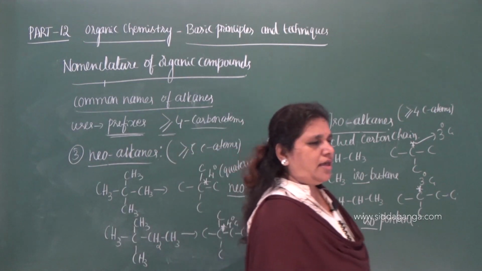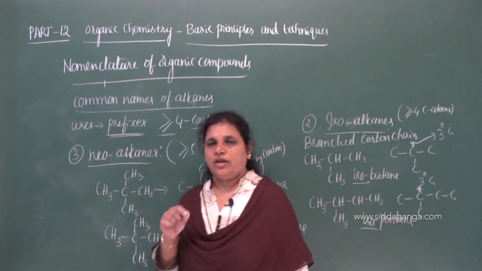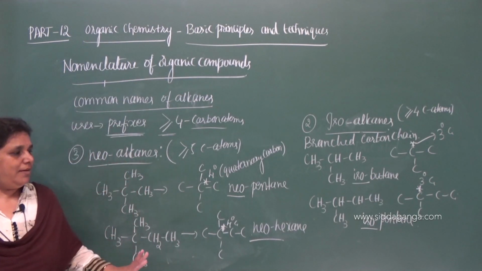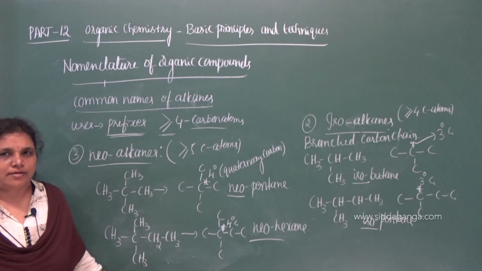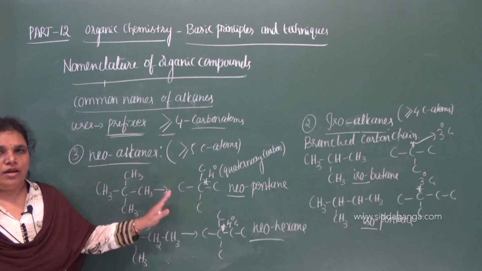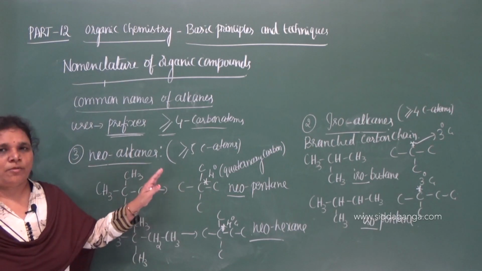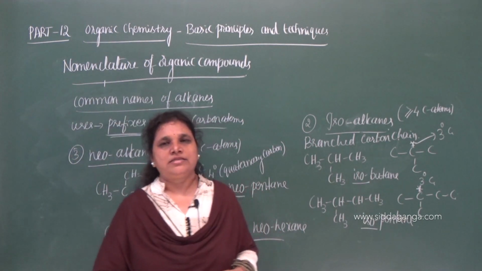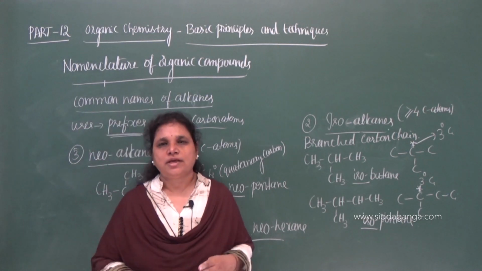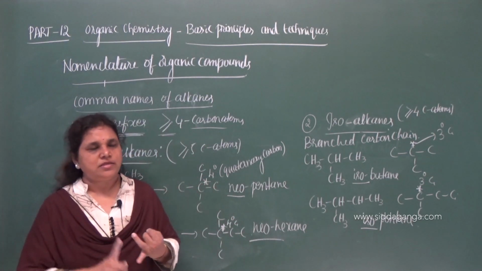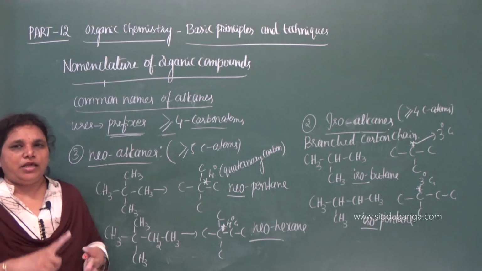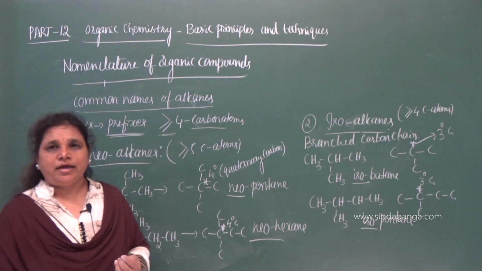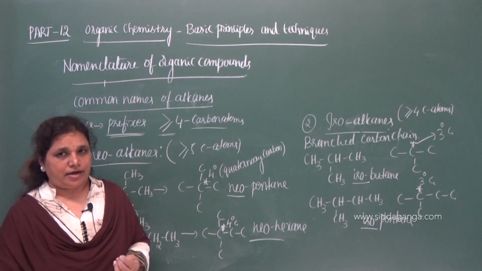Then how to define neoalkanes? These are the alkanes containing at least one quaternary carbon or 4-degree carbon in a branched chain of carbon atoms. So on the basis of the common name system of alkanes, we can classify the alkanes into 3 types by using the prefixes: N-alkanes, isoalkanes, neoalkanes. N-alkanes are alkanes containing a straight chain of carbon atoms.